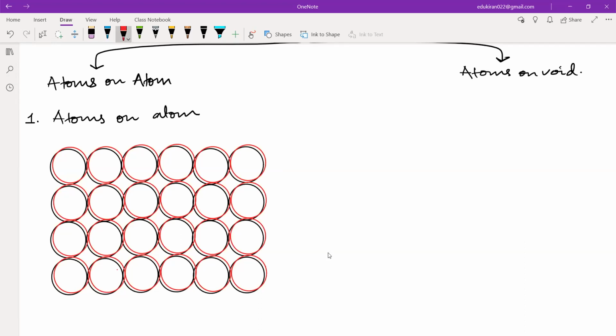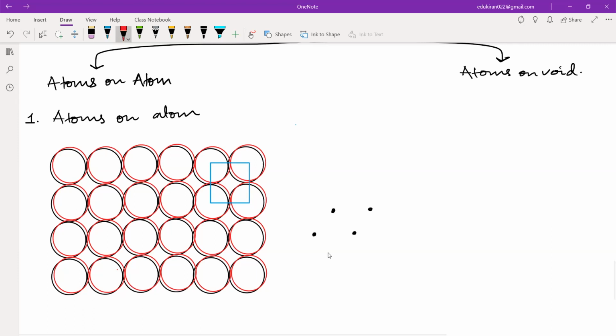Now what I will do, I will take a section of this part, and I will make a unit cell out of this. As you can see, the lower layer is made up of black atoms. I will place 4 black atoms in the lower layer, and I am giving them a type of angle so that it is visible in a better way.